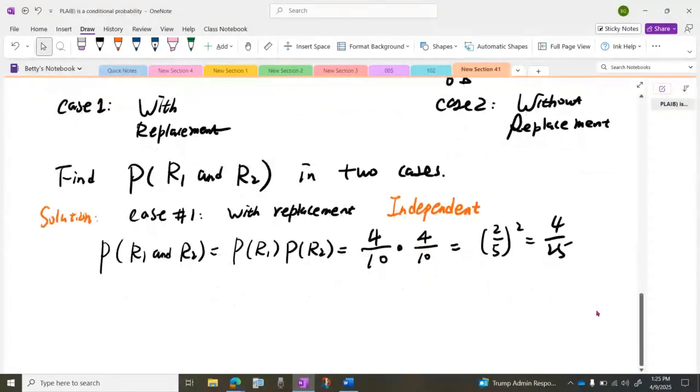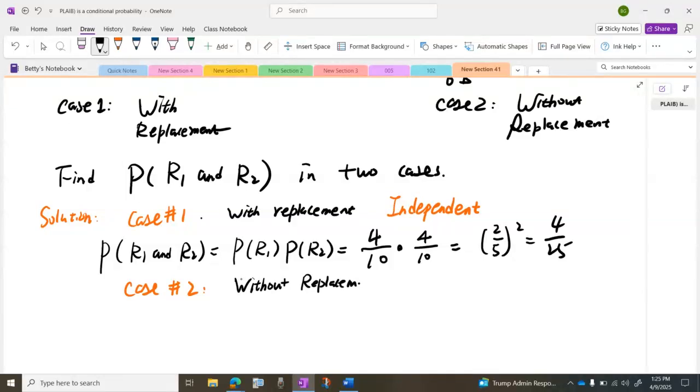Now let's look at case 2. Case number 2 is without replacement.